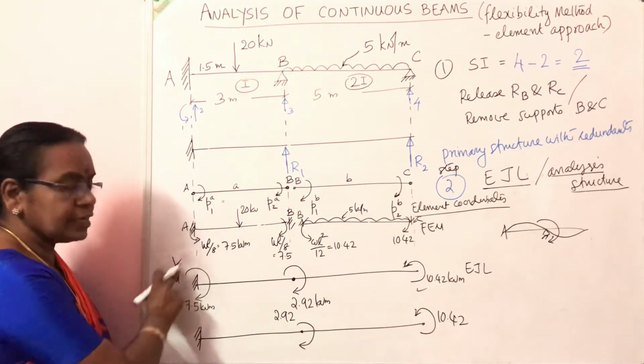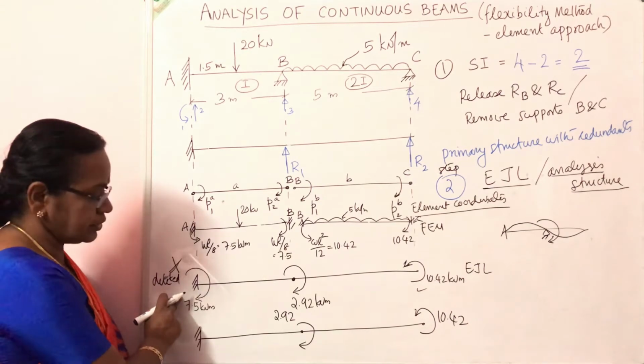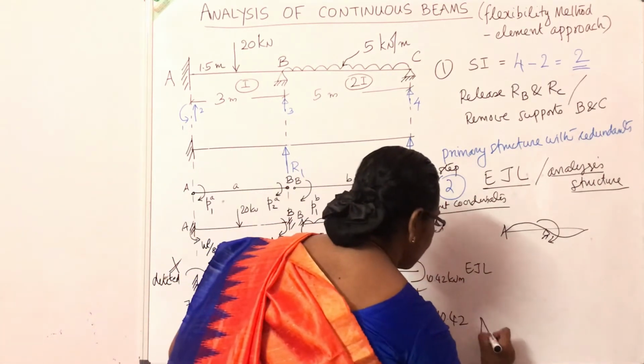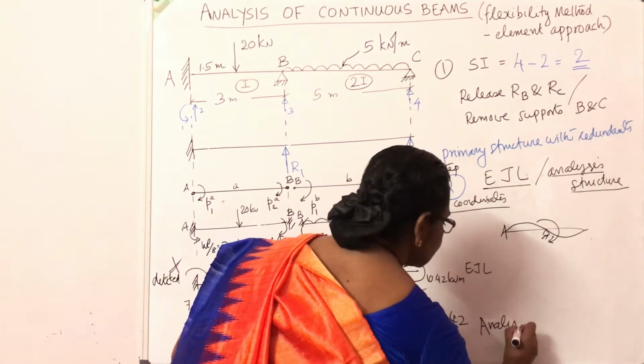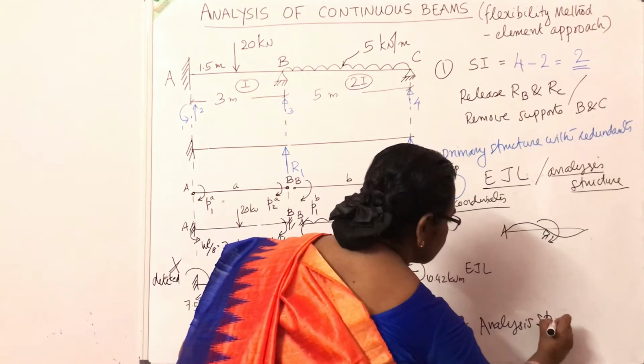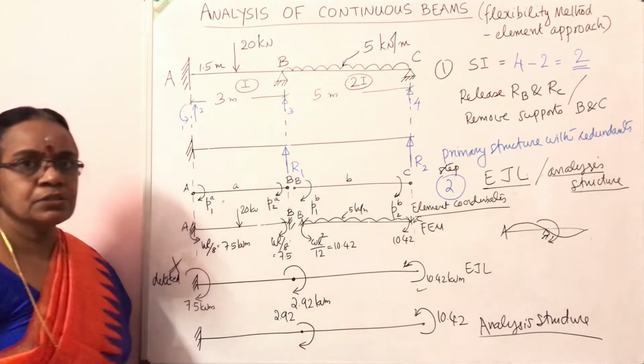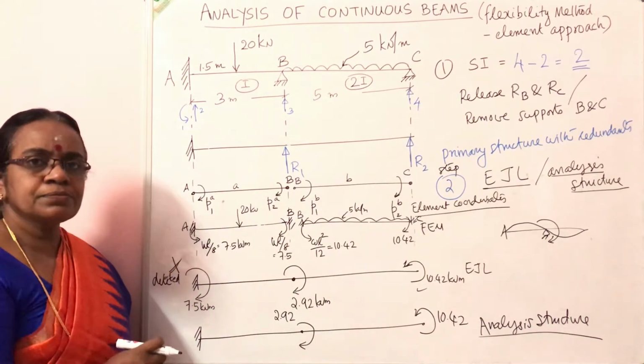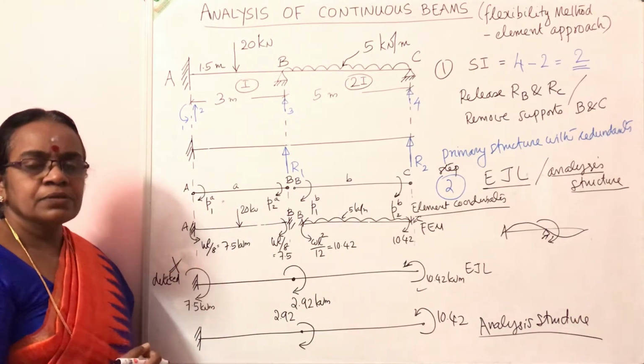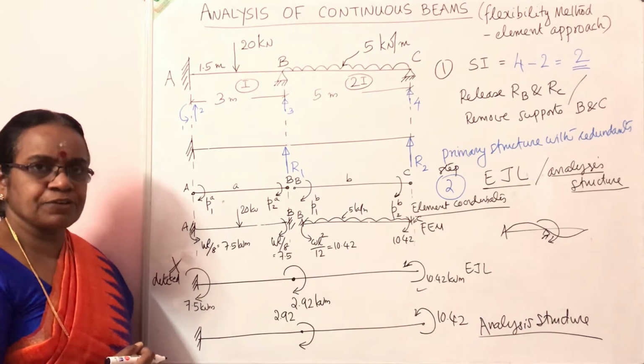We can delete the moment at the fixed end. So this structure is called the analysis structure. So it is the primary structure with equivalent joint load after deleting the moment at the fixed end.